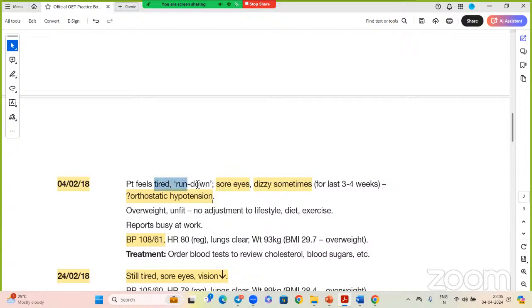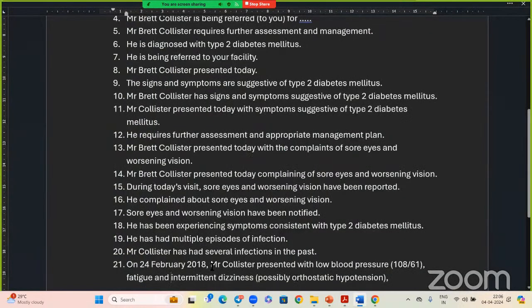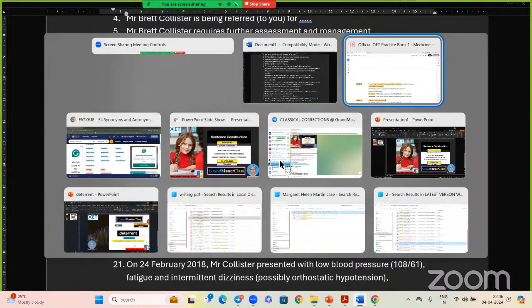Patient feels tired and run down means fatigue. Okay, for the last 3 to 4 weeks, sometimes only, not always. Means intermittent. Not always means intermittent. Sometimes coming, sometimes going. Okay, right. So rise also were there. So on 24 February, Mr. Collister presented with. So presented with what?